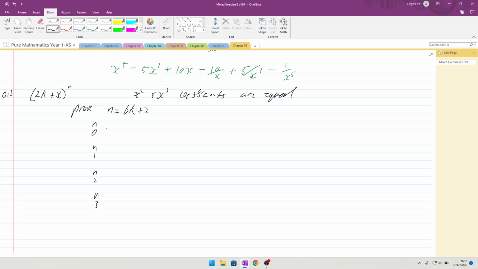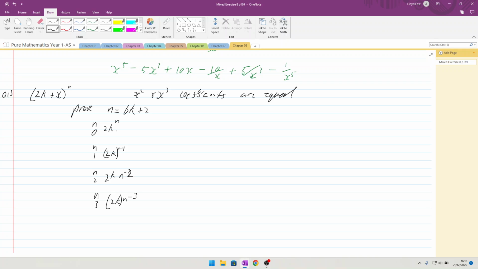That's going to be multiplied by 2k to the power n, then 2k to the power n minus 1, then 2k to the n minus 2, and 2k to the n minus 3. Getting it all mixed up there.